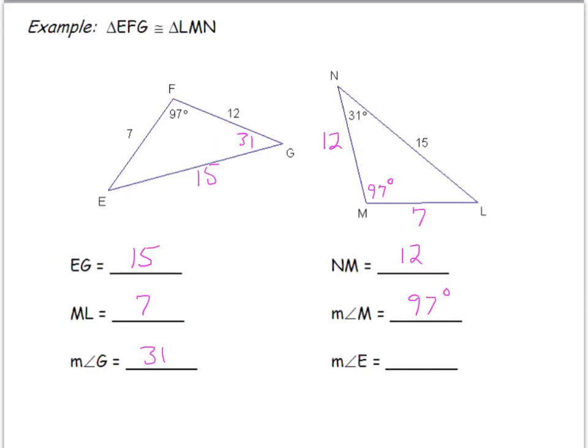They add up to 180 degrees. So if you take the 97 and the 31 and you add them up together, you're going to end up getting 128 degrees. That means I only need 52 more degrees, and that would be my angle E. So angle E is 52, and if I asked you the question about angle L, you could do the same exact thing with angle L.